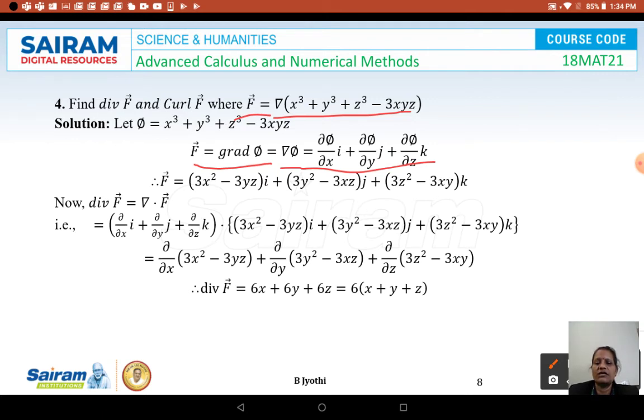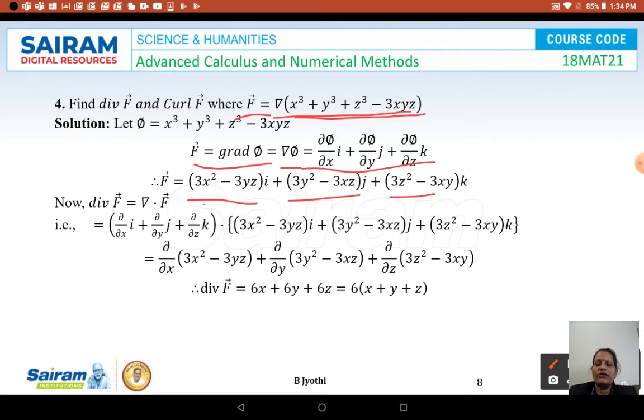Therefore f is equal to (3x² − 3yz) i, taking dou phi by dou x, and dou phi by dou y is 3y² − 3xz, and dou phi by dou z is 3z² − 3xy of k.